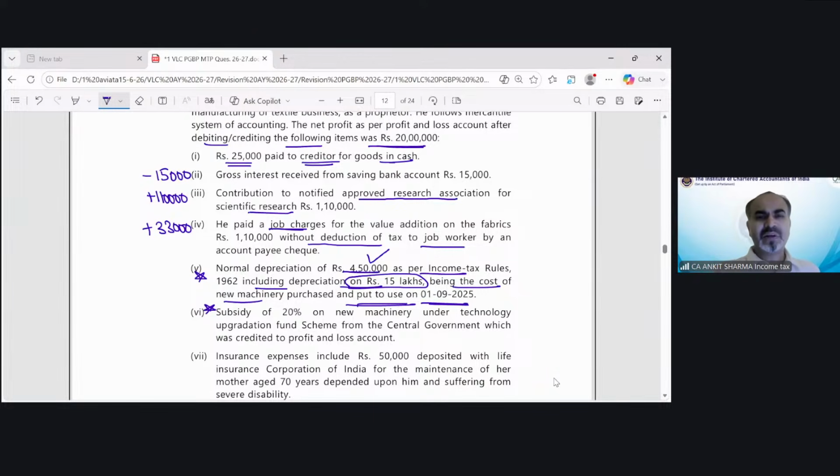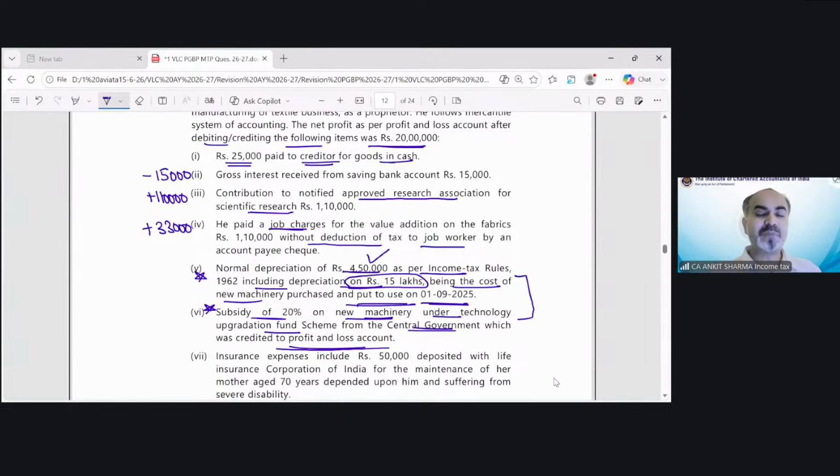Correct. Now it says 15 lakhs being the cost of the new machinery purchased. On this new machine, there is a subsidy of 20% on new machinery under Technology Upgradation Fund Scheme from central government, which was credited to profit and loss account. Now, these 2 points simultaneously give effect to a new concept.